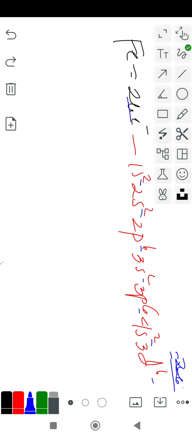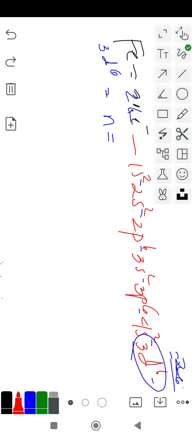Okay, so you need to find the last one. Our basis is 3d6. So our n is 3.